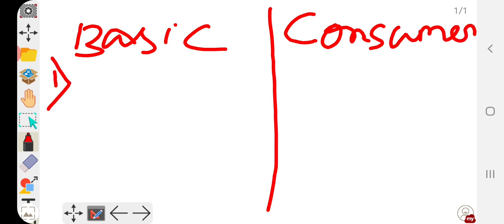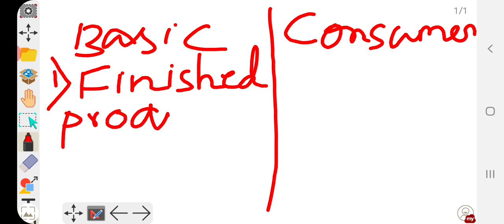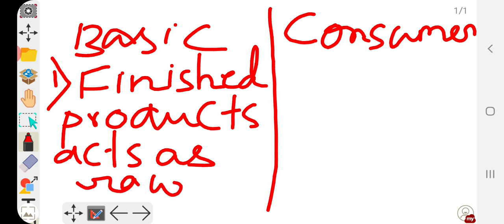The first point of difference, finished products of these industries act as a raw material for the other industry.